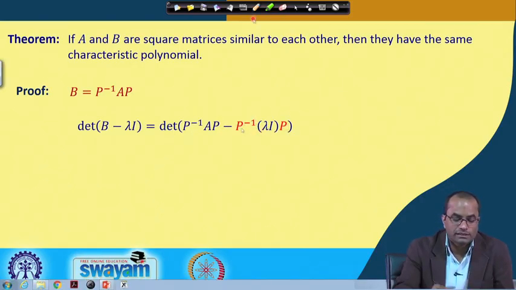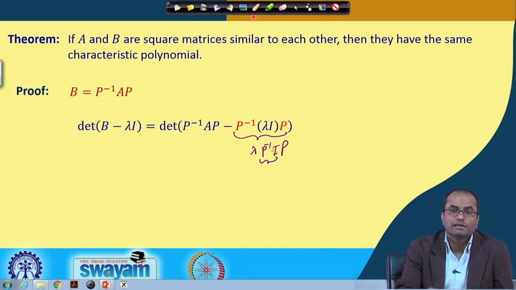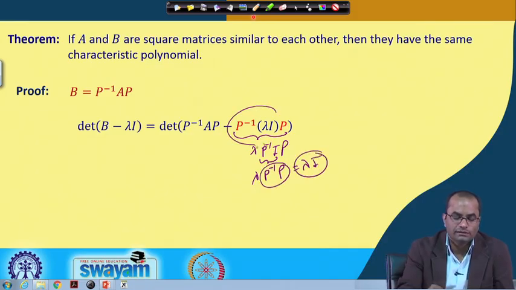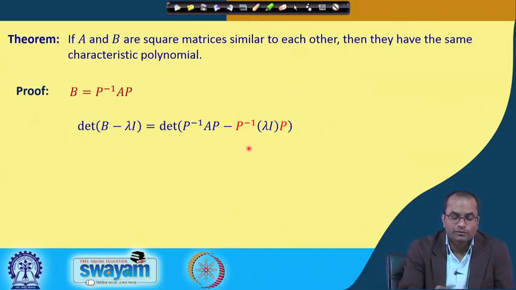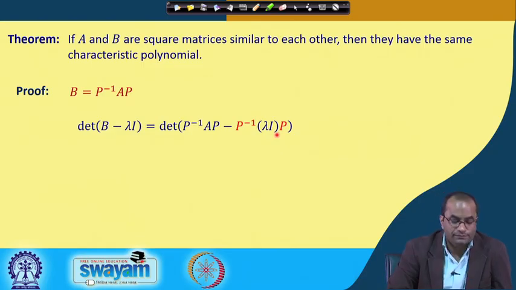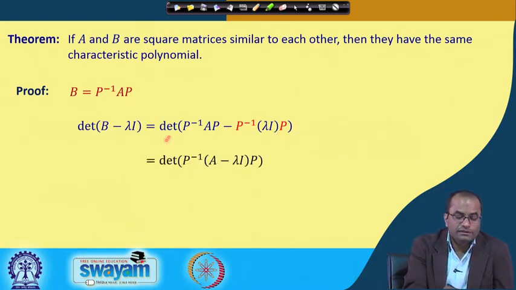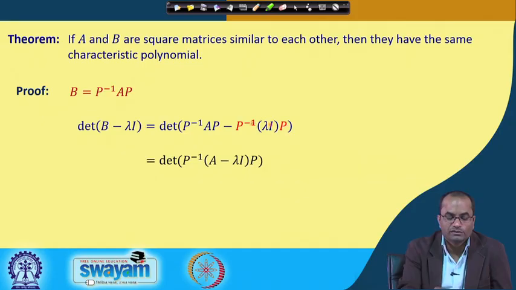You can see easily that this is nothing but lambda I, because lambda we can take common, then we have P inverse I P, and P inverse I P is nothing but I, so lambda times I. So, this is again nothing but lambda times I only, but we have rewritten it in this form, P inverse lambda I P. So, here the determinant we have P inverse, let us take common from both, and then we have A here and minus lambda I, and P from the right hand side we can take as common.